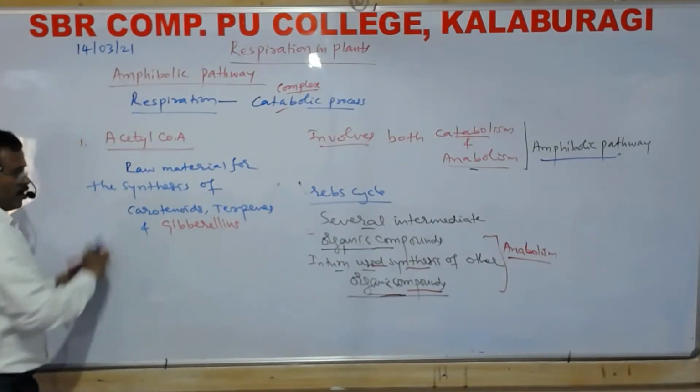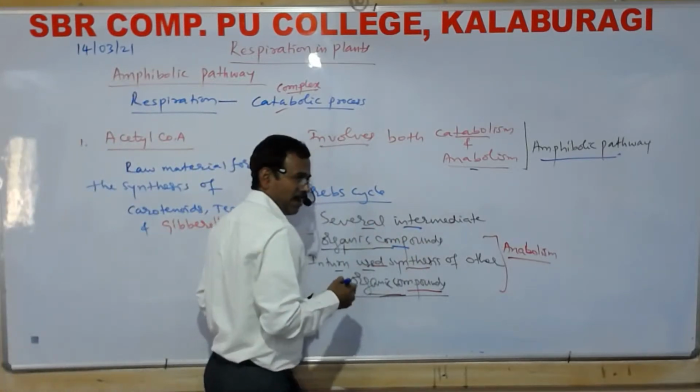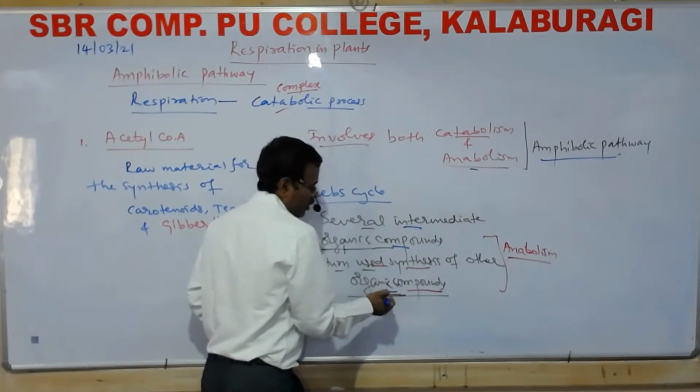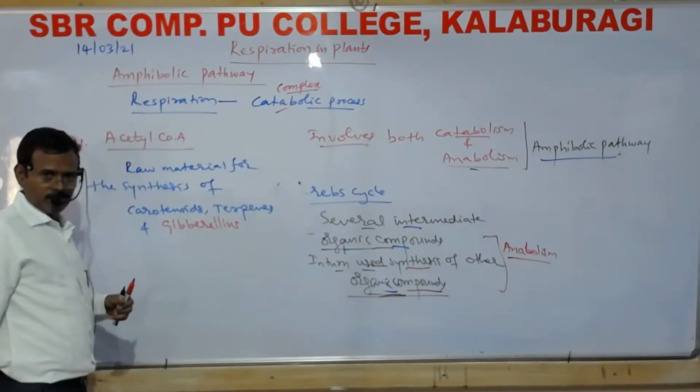So this is one example. The intermediate compound which is produced during the Krebs cycle can in turn be used in the synthesis of other organic compounds. So this is anabolism.